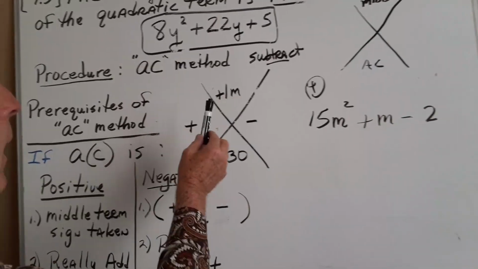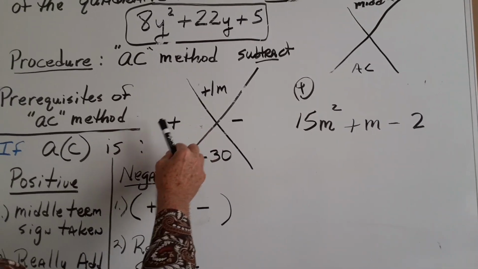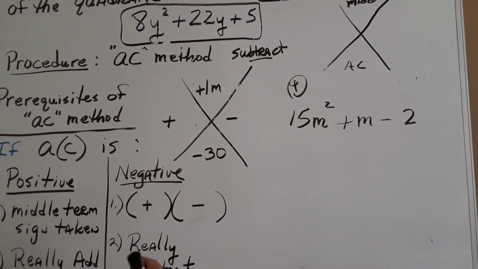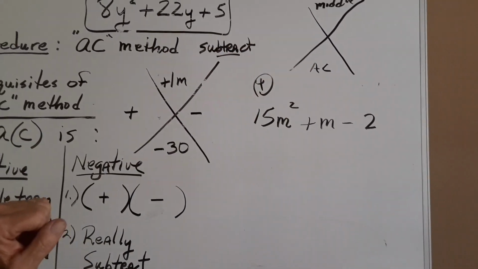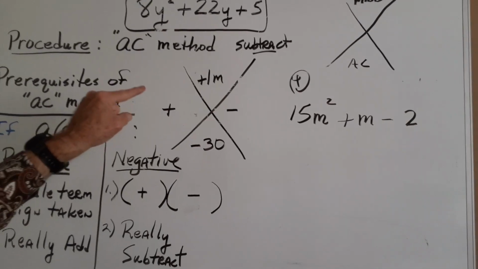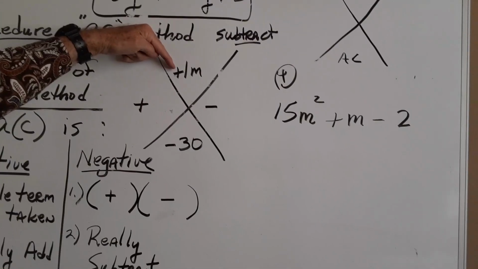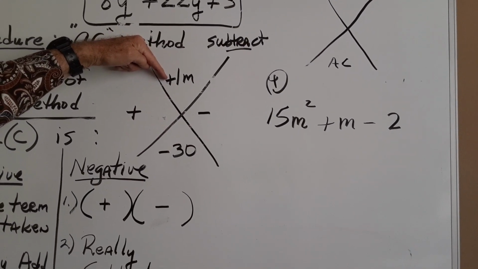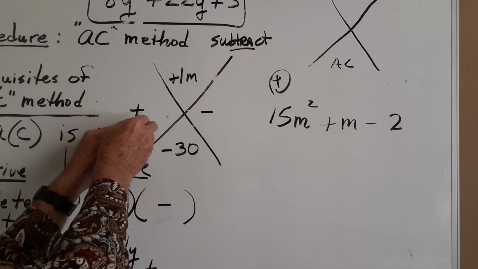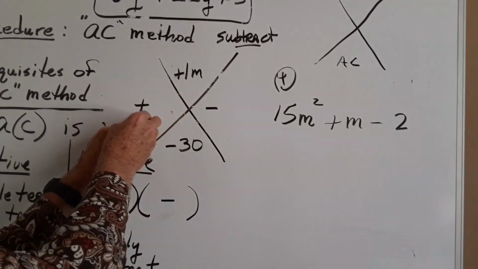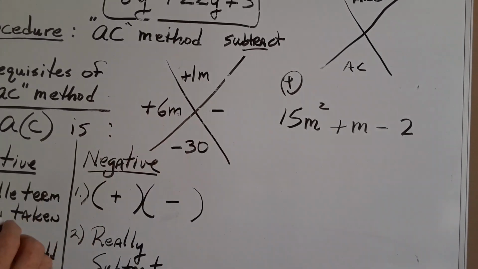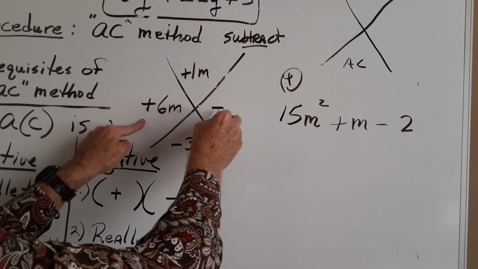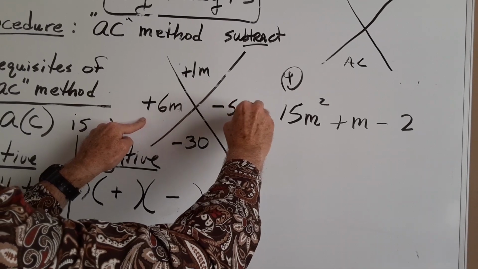The bigger factor, the larger of the 2 factors, 6. The larger factor always gets the sign of the middle. So the sign of the middle is positive. The positive will get the 6m. The 3 o'clock side will get the negative 5m.